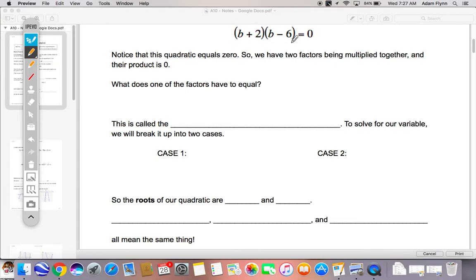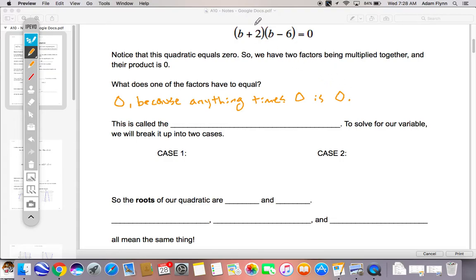So if we have two things being multiplied to equal 0, what does one of the factors have to equal? Well, 0, because anything times 0 is 0.